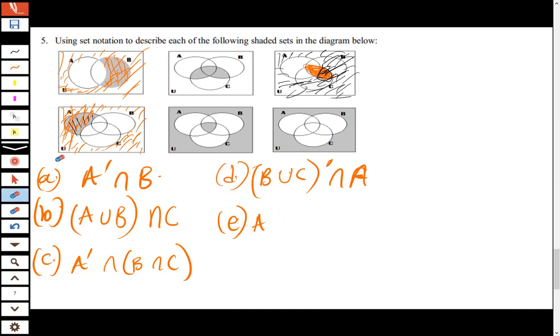So when we shade A union B union C complement, the complement of this is simply just what is outside A union B union C. But how do we combine this outside part with what is in between there?